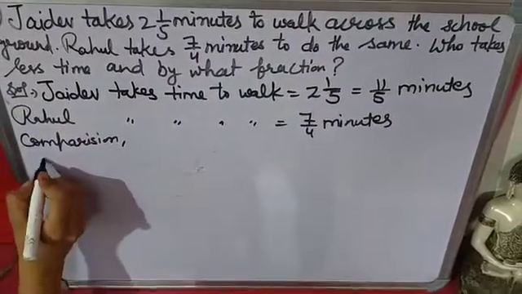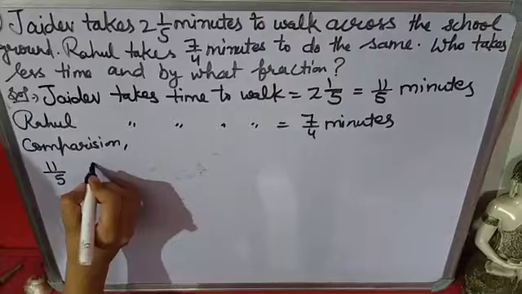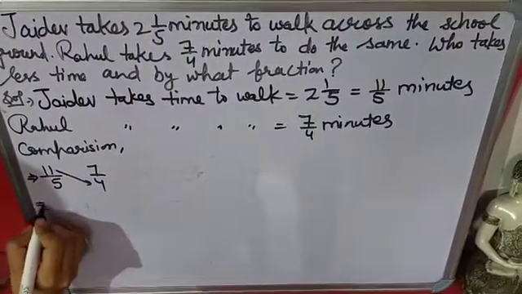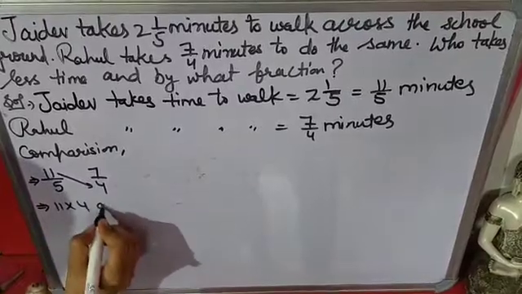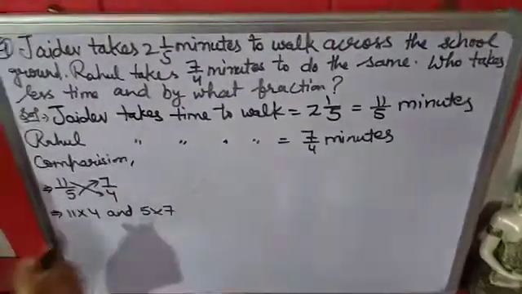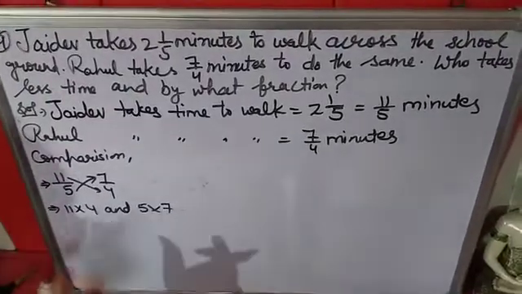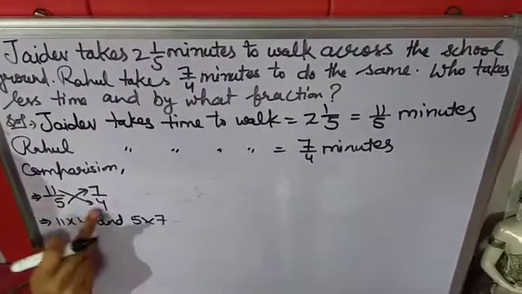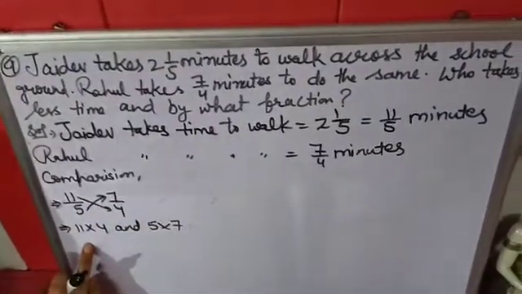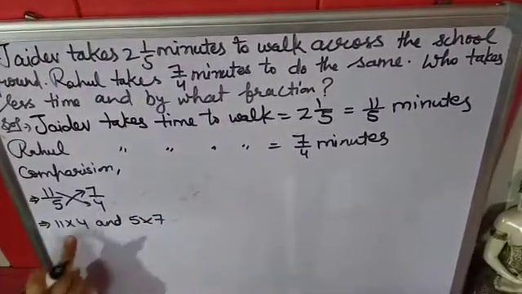For comparison, 11/5 and 7/4. We will do cross multiplication. 11 into 4 and 5 into 7. Remember one thing, when you are doing comparison, you have to write this number first, 11 into 4. You will not write 7 into 5 first. Okay? 11 into 4.